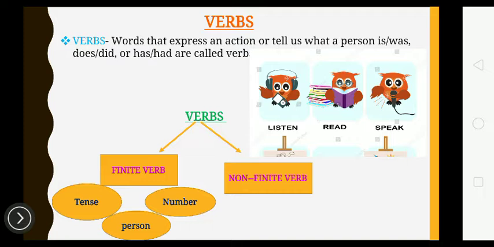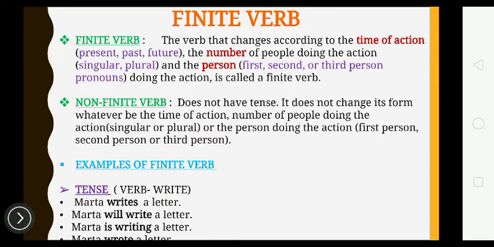In the next slide we will see how this works. A finite verb is a verb that changes according to the time of action, that is tense: present, past or future; or the number of people doing the action, singular or plural; and the person, first, second or third person, doing the action.